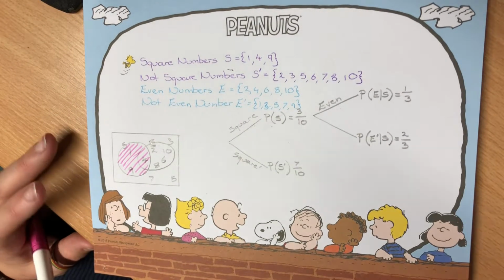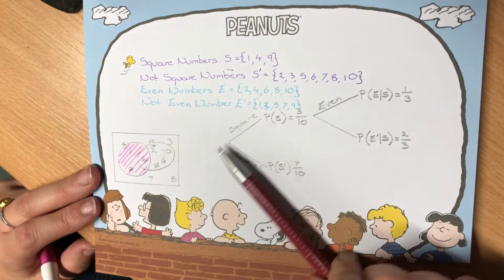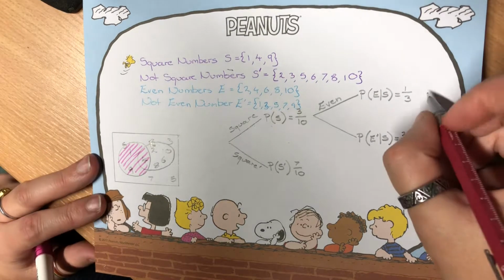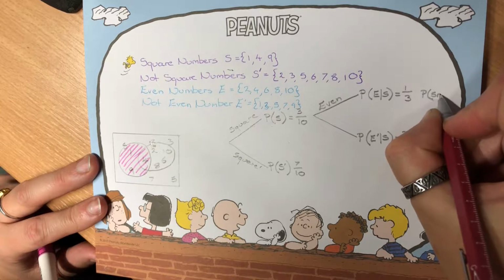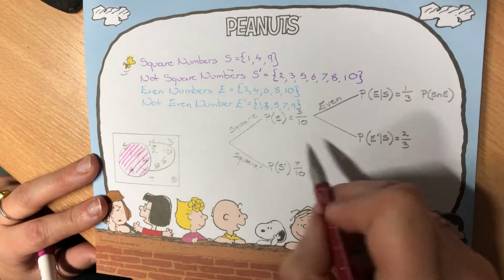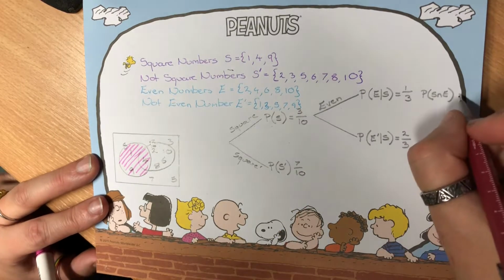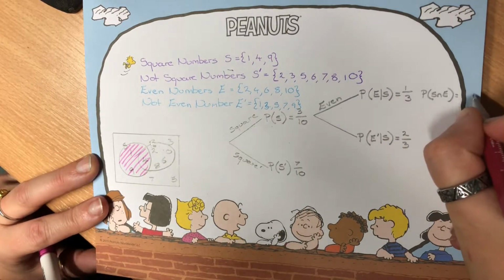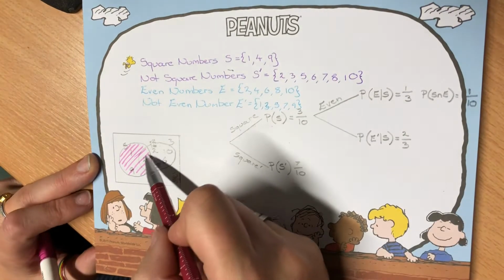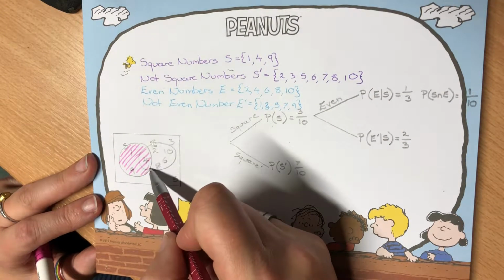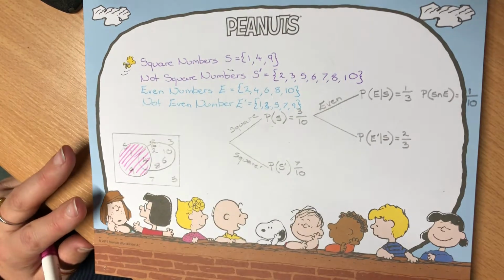So, as with a normal tree diagram, if you want the probability that you've got square and even, that is going to be this times by this. So square and even is going to be 1 out of 10, which is what we'd expect because it is that bit in the middle that is square and is even.